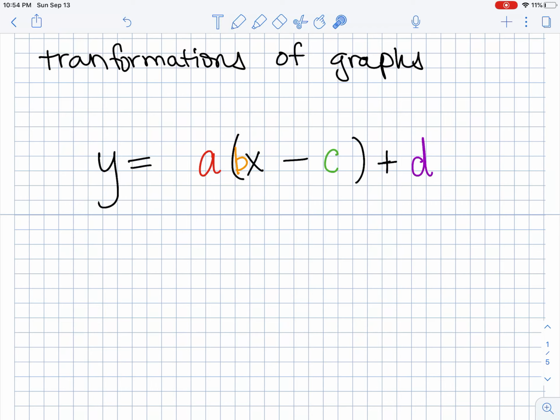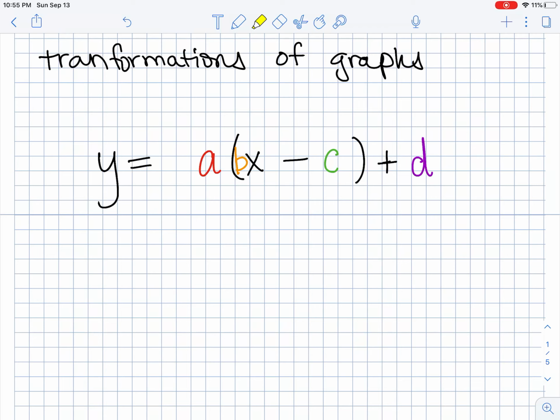Okay, so we see a couple of different things. We see a value of a, which is a coefficient in front of the parentheses. We see b, which is a coefficient of x inside the parentheses, a minus c plus d, which d is just being added at the very end. So there's a few ways that we need to decode what is going on here.